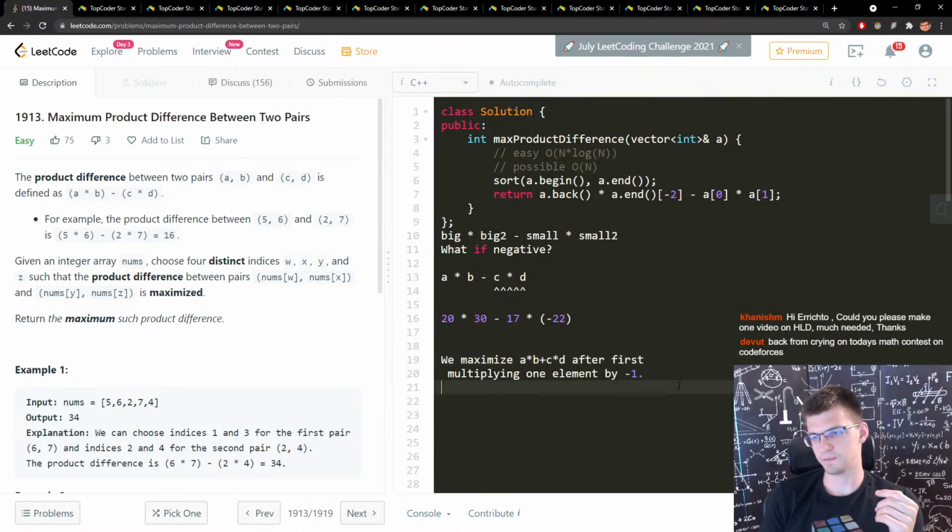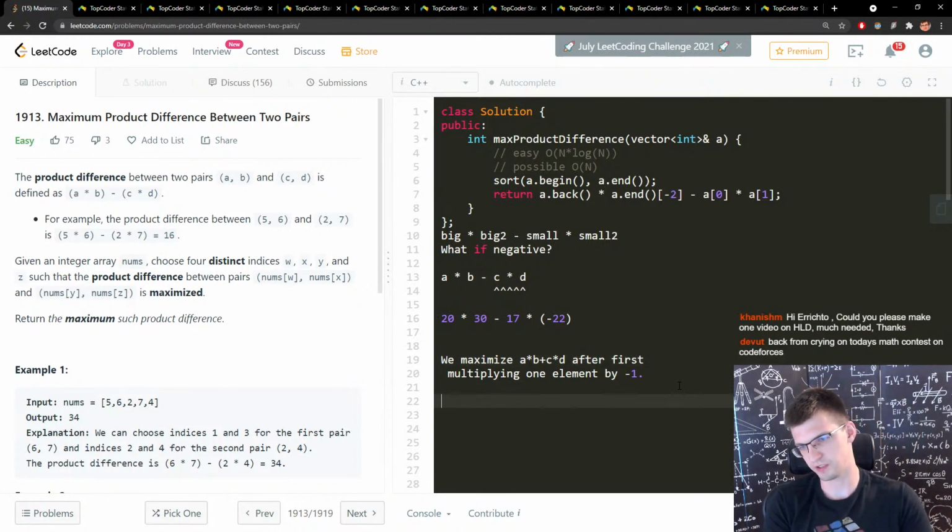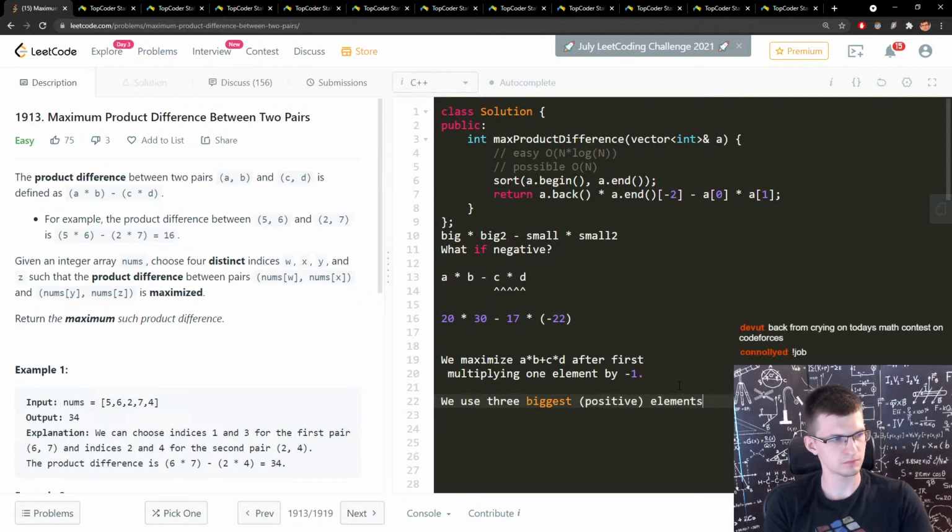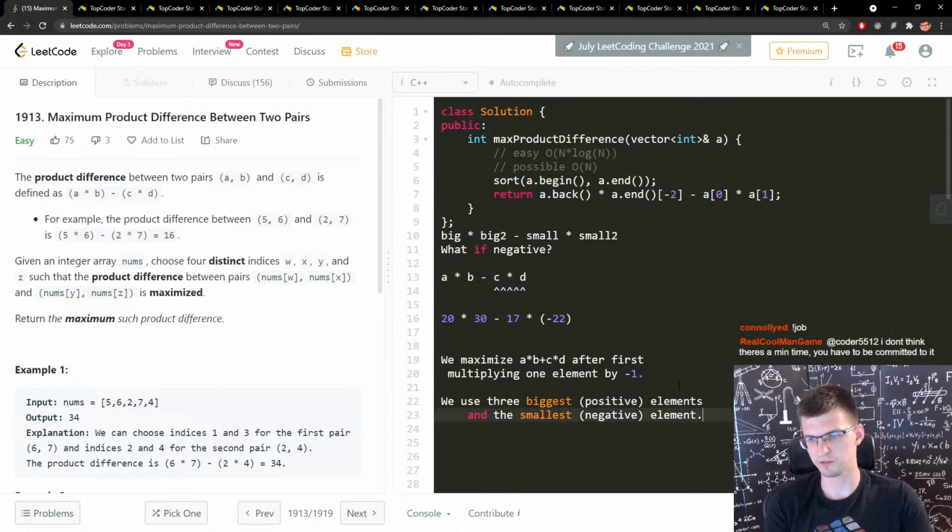Yep. And then I claim that most of the time we use the 3 biggest elements and the smallest element. For example, if the sequence is minus 22, minus 18, minus 5, minus 1, 7, 17, 20, 30, then the best difference of products will be made out of those 4 elements.